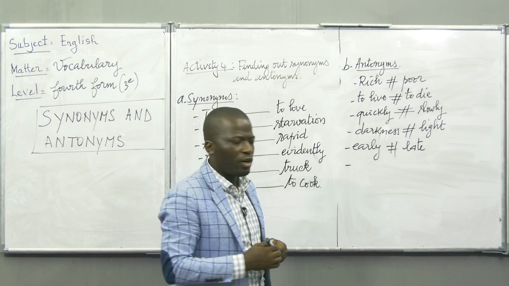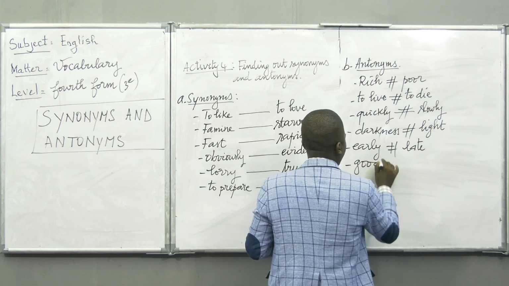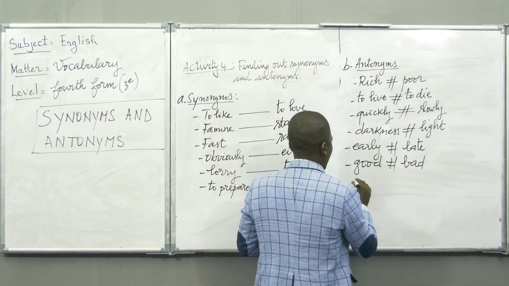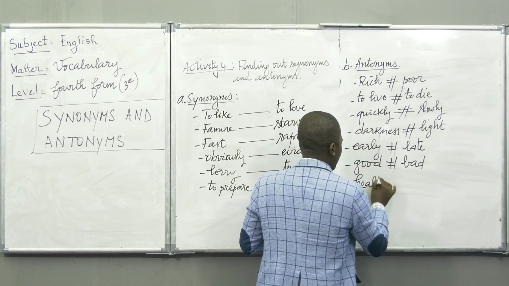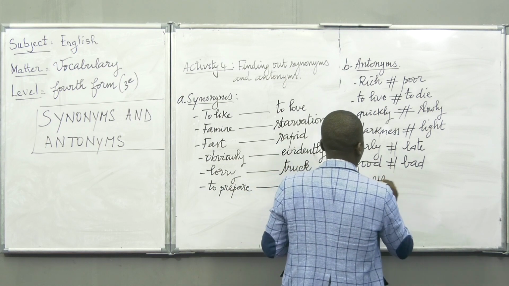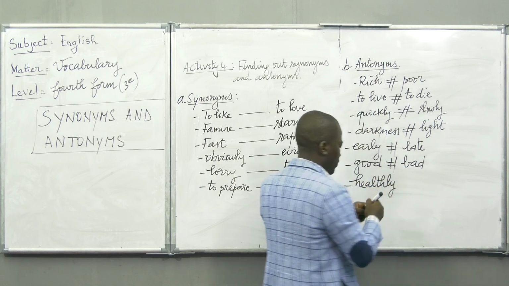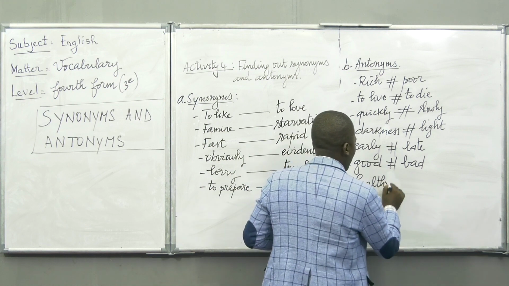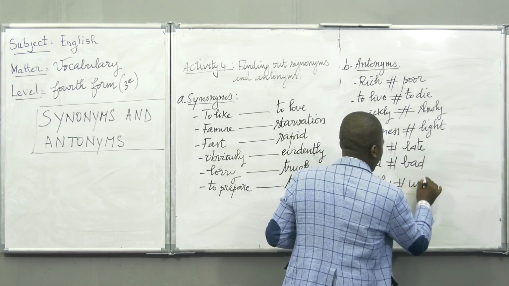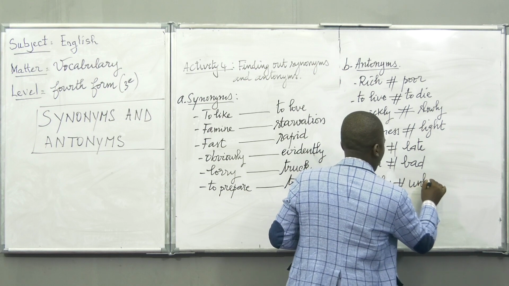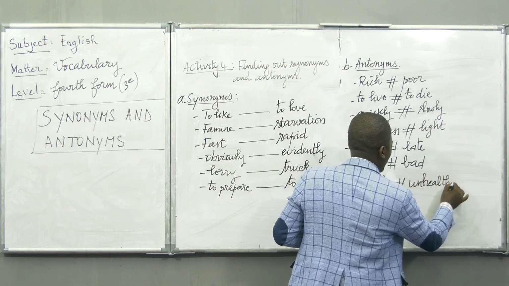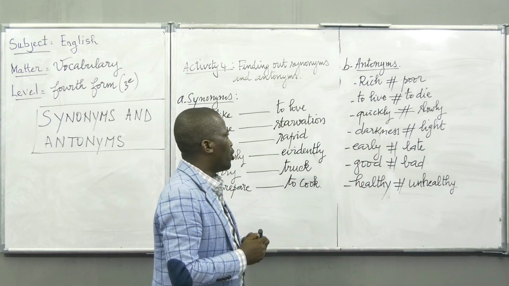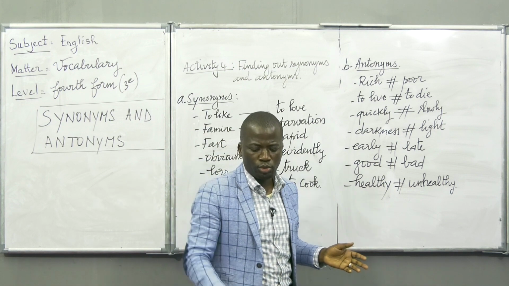That's very easy for you, class. Good, bad. Healthy, the contrary is unhealthy, someone who's sick. So a short list of antonyms too.